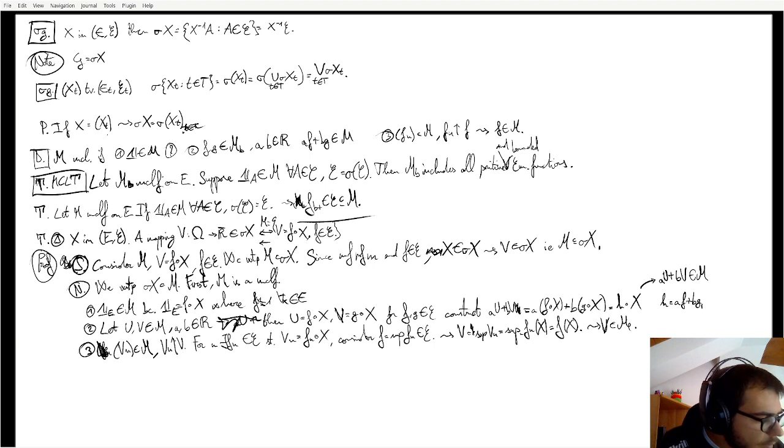Okay, so we proved that M is a monotone class of functions. Now, how can we use this?